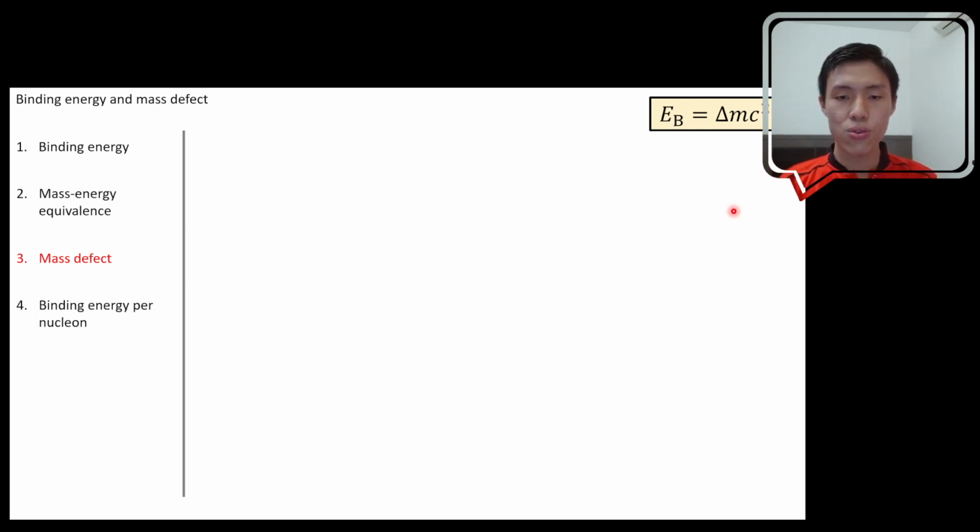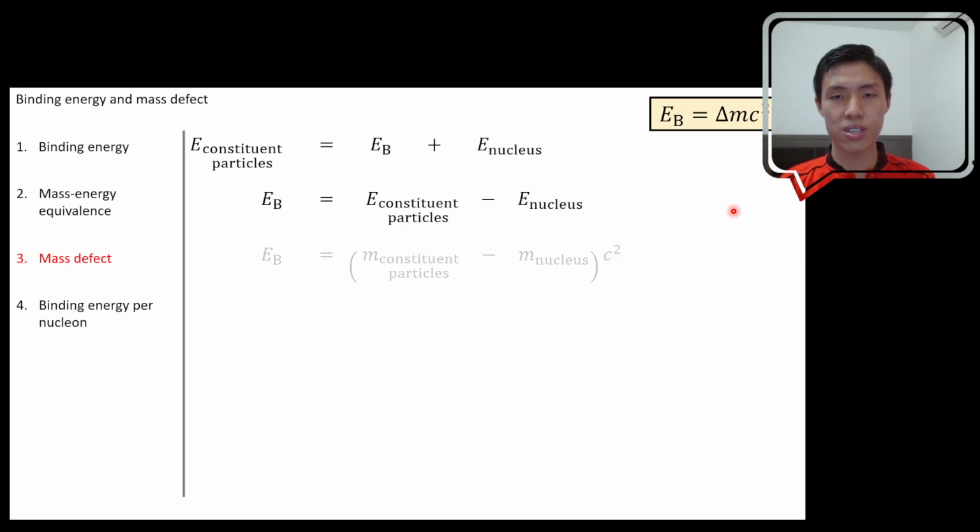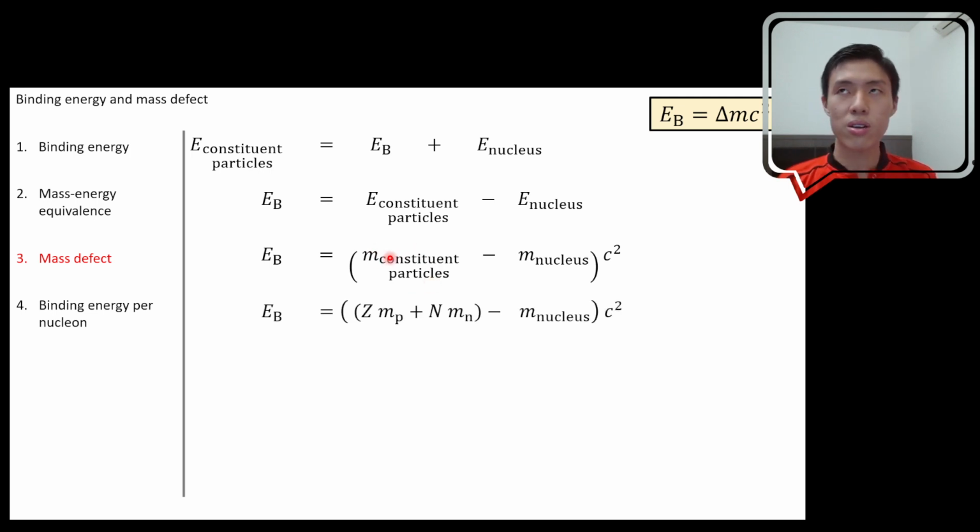Okay, so we are going to break this equation further. So this is the equation that we have just now, but I'm going to unpack this mass of constituent particles over here. So we know that constituent particles are made up of protons and neutrons. So if we know how many protons we have, how many neutrons we have, we can just add up their individual masses, then we can get the mass of constituent particles.